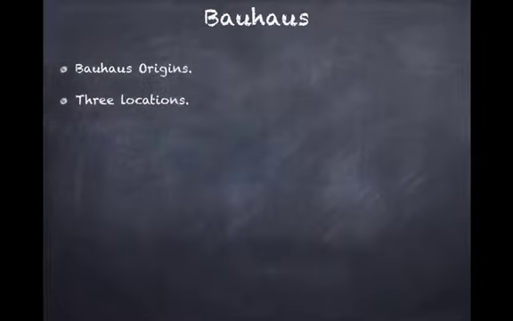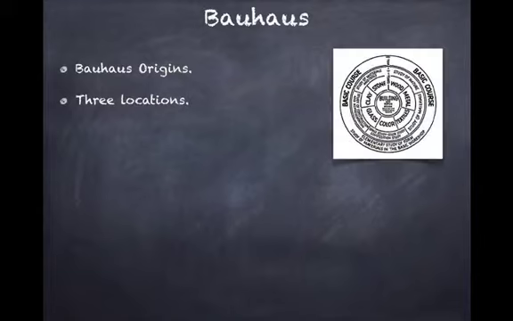The last thing that I'm going to talk about is the Bauhaus. Along with its Russian counterpart Vkhutemas, Bauhaus is an early model of the modern art school. Bauhaus is one of the curricula of design schools in the early years.